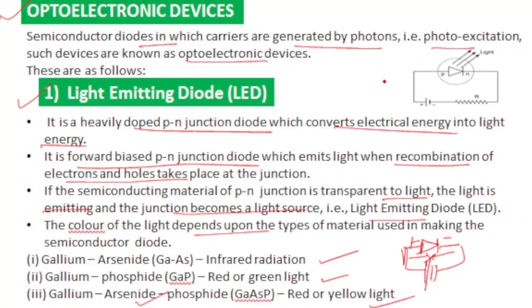And this is the symbol of light emitting diode. This one is operated under forward biasing, and here light is emitted near the junction. So the important thing is that in case of light emitting diode, it is operated under forward bias, and due to forward bias, recombination of electrons and holes takes place at the junction. Energy is emitted in the form of heat and light near the junction, right?